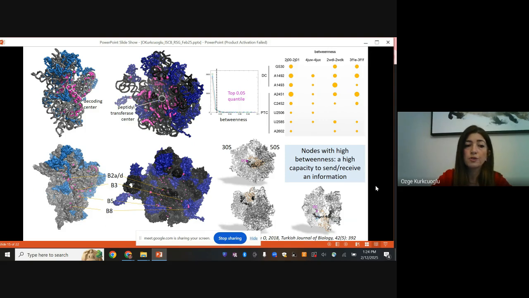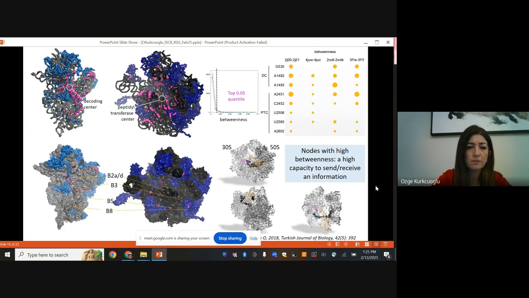We first focused on the centrality properties of the residue interaction network model, especially the betweenness values. We constructed the distribution for the betweenness scores, considered the top 5% quantile, and highlighted these on the ribosomal complex structure, where you see in magenta in these pictures.